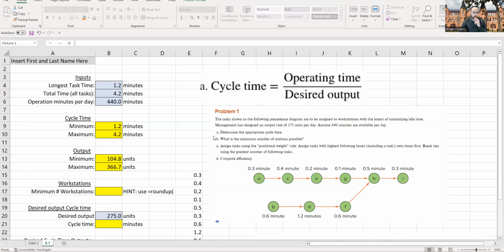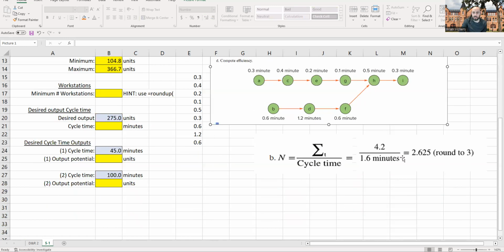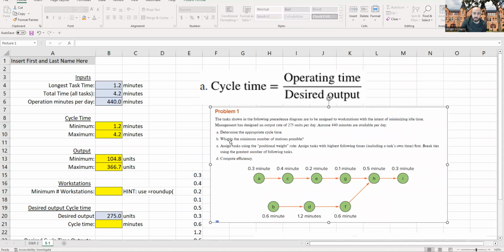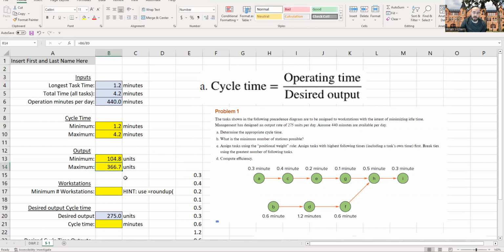Okay, so there's a little bit more to this problem. I was wondering why I had 1.6 listed right here, and that's because it's not the minimum number of workstations to hit 1.2, because the company says they want to get exactly 275 units in a day. So the minimum I could do is 104. The maximum I could do is 366.